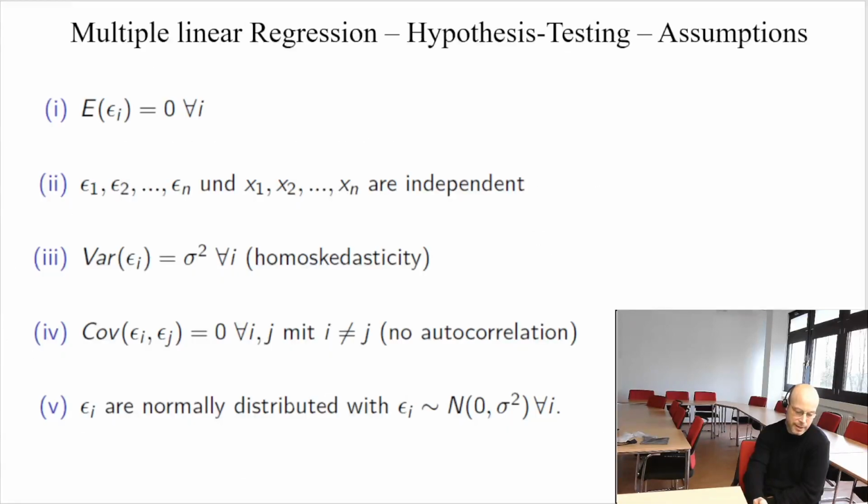And how is this hypothesis testing made on specific assumptions? First of all, we assume that the expected value of all our single error terms is 0. And this means that we have no bias in our error terms. This seems quite reasonable because otherwise we would just subtract this bias and then we come to an error term which is distributed around the origin.